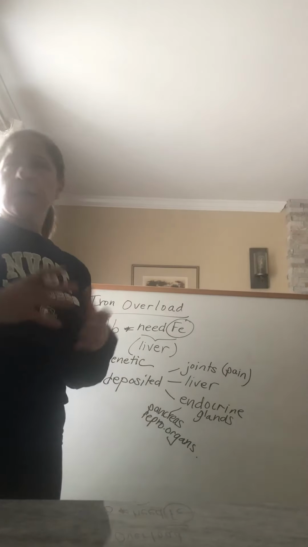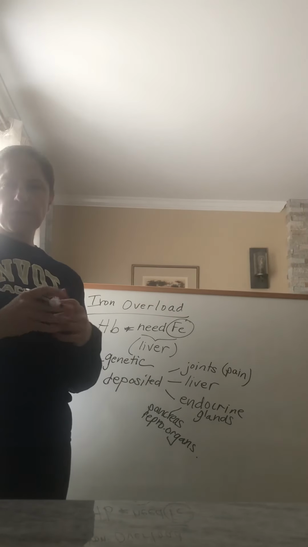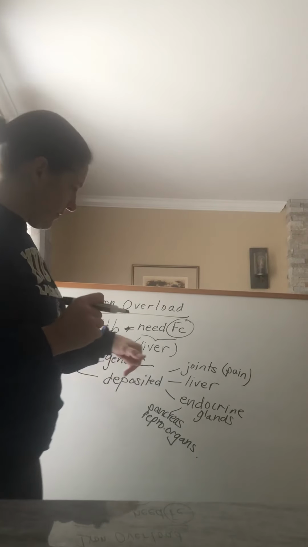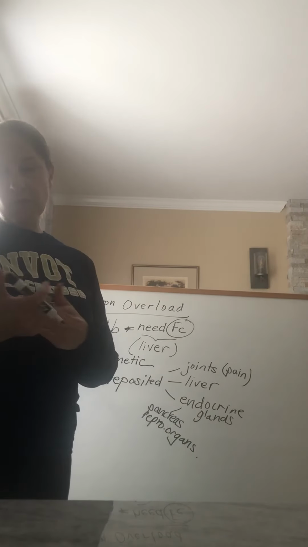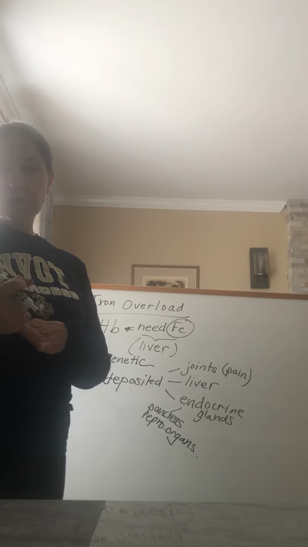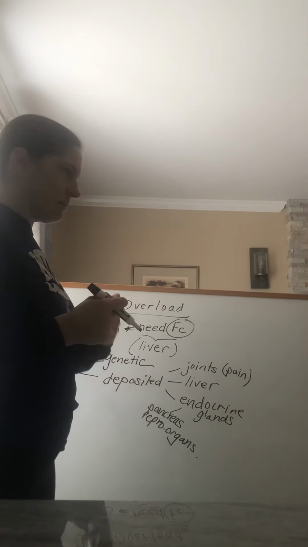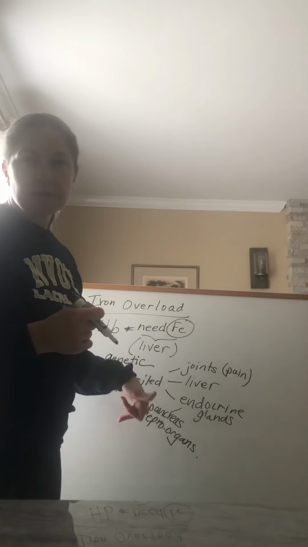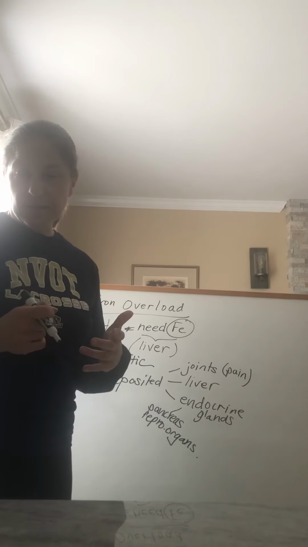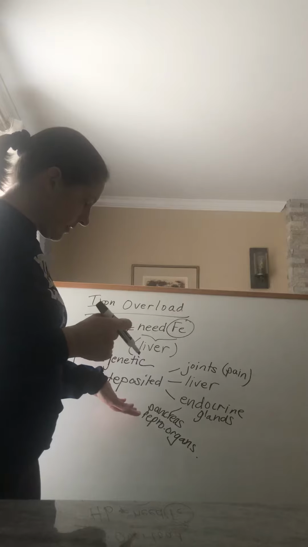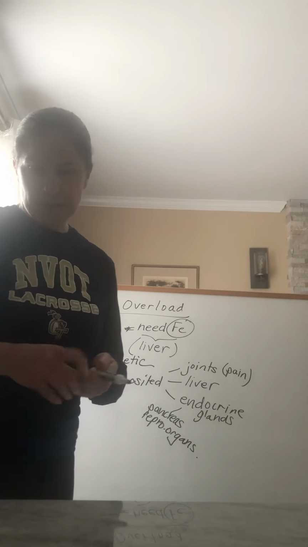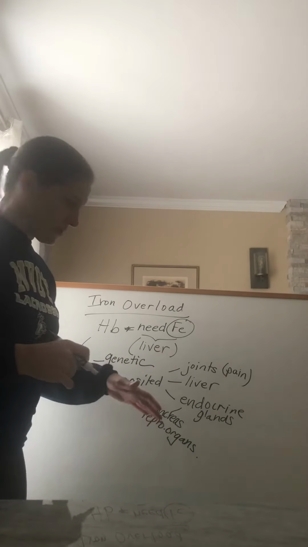So obviously, if iron's depositing in the joints, it can cause a lot of pain and changes in mobility. If you have iron depositing in the liver, it can cause change to the way the liver functions, including failure. And then, of course, if you have iron settling in the pancreas, it could lead to diabetes, diabetic-like symptoms. And then other endocrine glands, places like the reproductive organs, it could cause things like impotence and decreased sex drive.